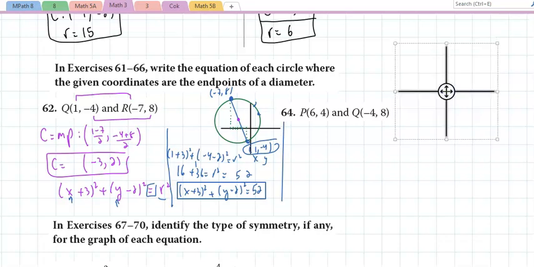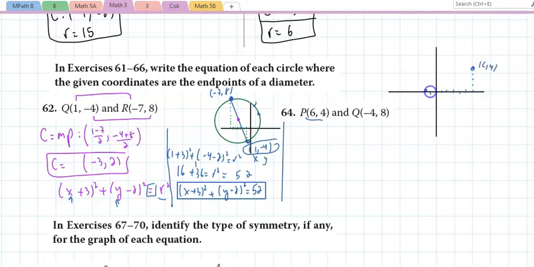So if I look at the endpoints being 6, 4 and negative 4, 8, counting out the grid units, and if I fit a circle through that, that should be the diameter.